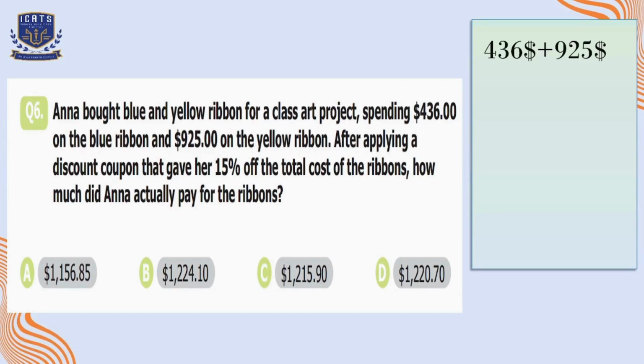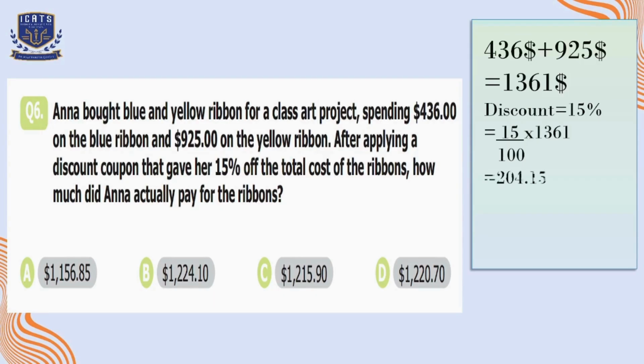So as Anna spent $436 on blue ribbon and $925 on yellow ribbon, the total amount which she spent is $1,361. Now we have to calculate the discounted amount. So the discount is 15% on the total amount she spent. So 15% of 1,361 is equal to $204.15.